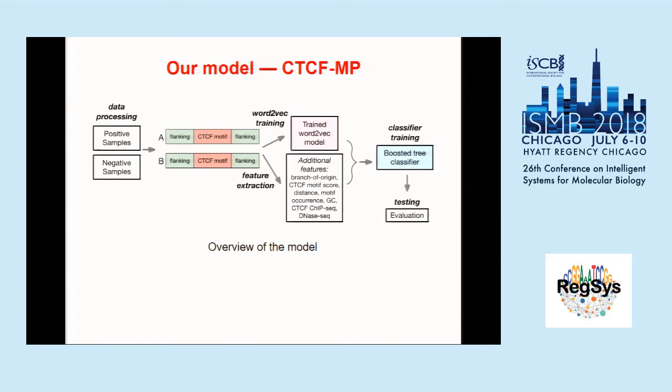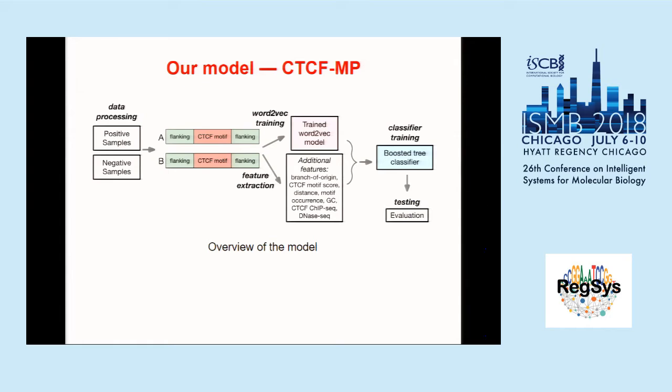This image shows an overview of our model, CTCF-MP. We tackle this prediction problem by regarding it as a binary classification one. We first generate positive samples and negative samples from CTCF ChIA-PET data under a strict standard. Here, both positive and negative samples are pairs of motifs. Then we extracted features from CTCF motifs with their flanking regions and also the window region between the motif pairs.